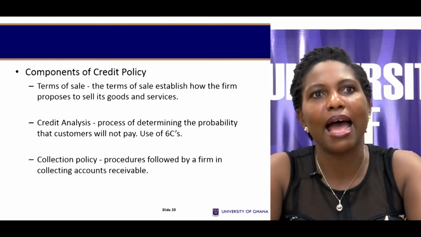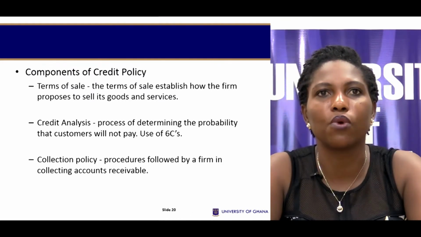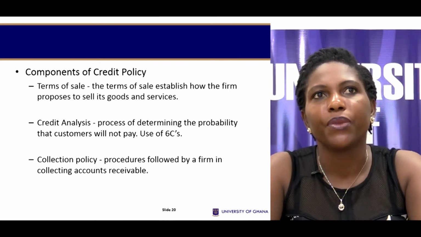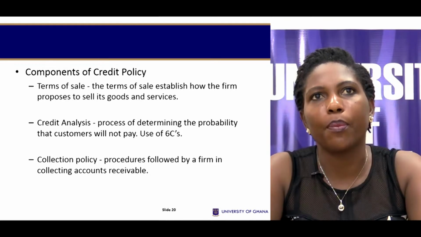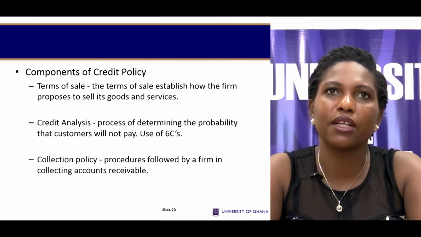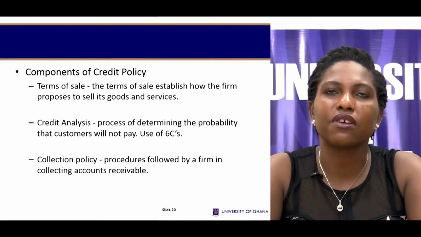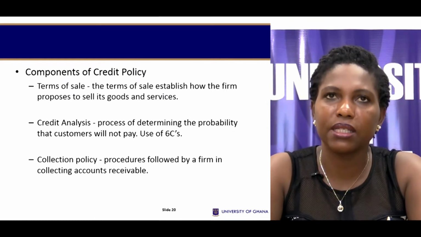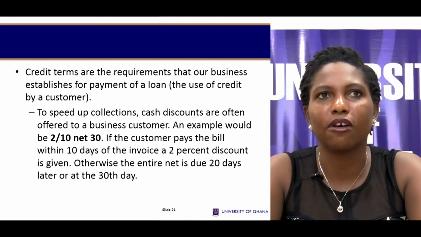Then we also should have a collection policy. Now, this will capture the procedures to be followed by firms in collecting accounts receivables. Putting together a proper credit policy ensures that as much as possible, giving out credit finds the right balance with sales revenue generated and minimizes the incidence of bad debt.